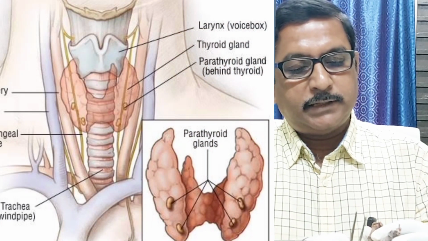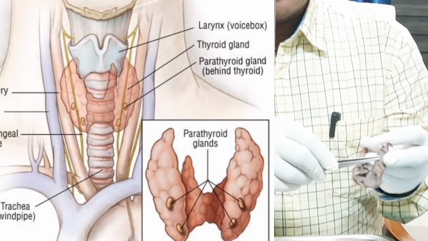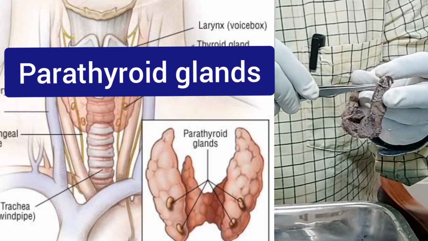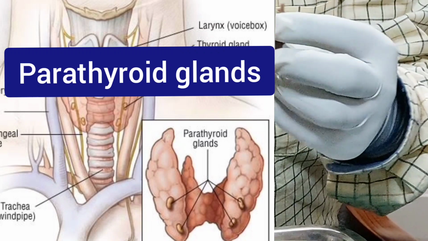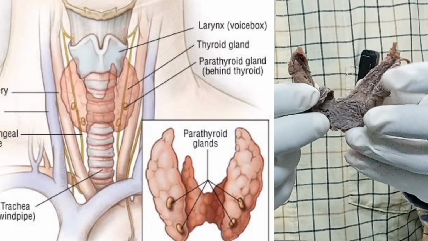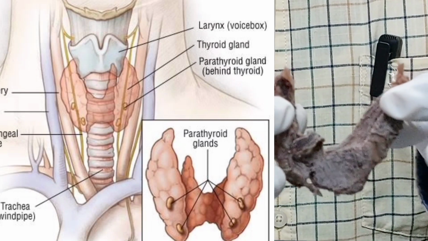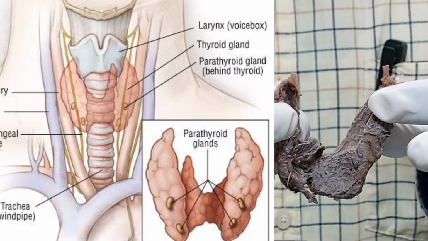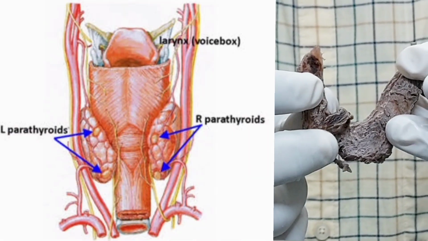Another important structure on the posterior border of the thyroid gland is the parathyroid glands, which are four in number, two on each side, one superior and one inferior. The superior parathyroid glands are more or less constant in position, but the inferior parathyroid glands are inconstant in position.